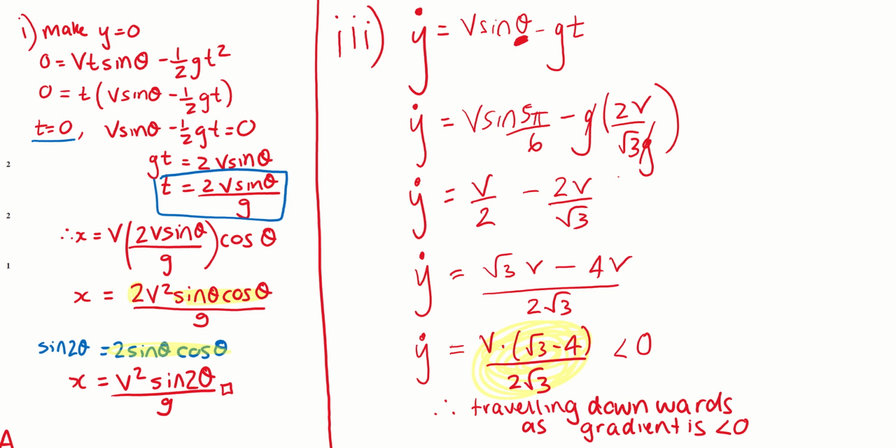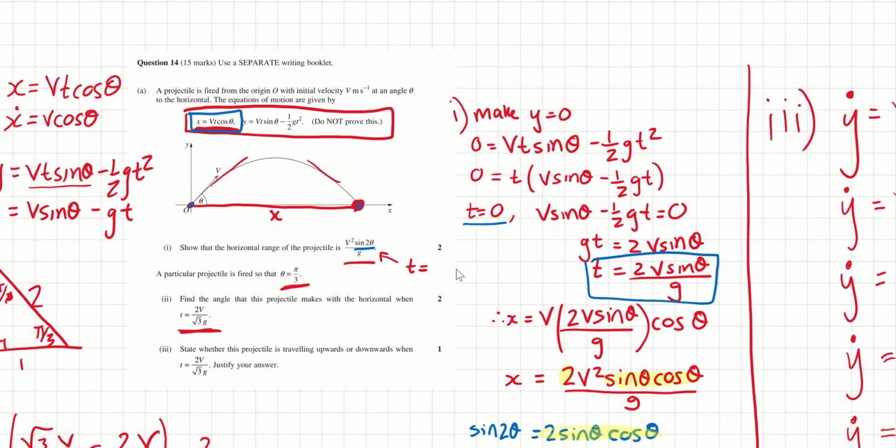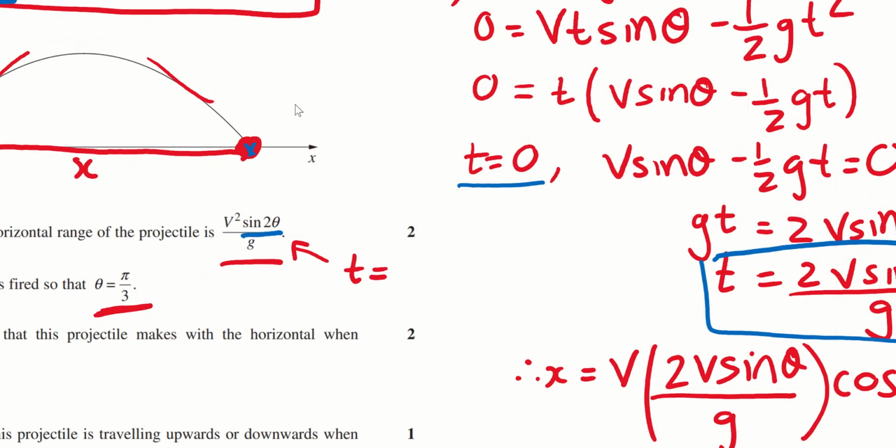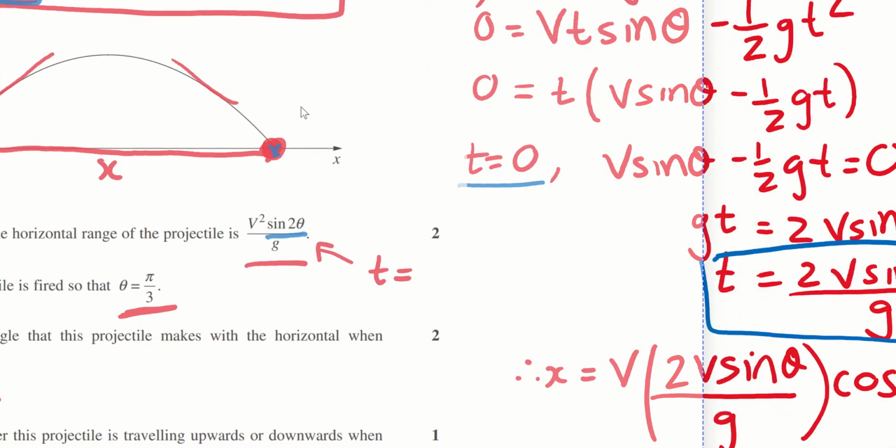Now, the other way you can check this is if you turn your 5 pi on 6, that was the angle we got earlier, that projectile is at. If I turn that into degrees, I get an answer of 150 degrees. And just because I find degrees more understandable in terms of in reality, let's think about 150 degrees. If an angle is 150 degrees, it must be an obtuse angle.